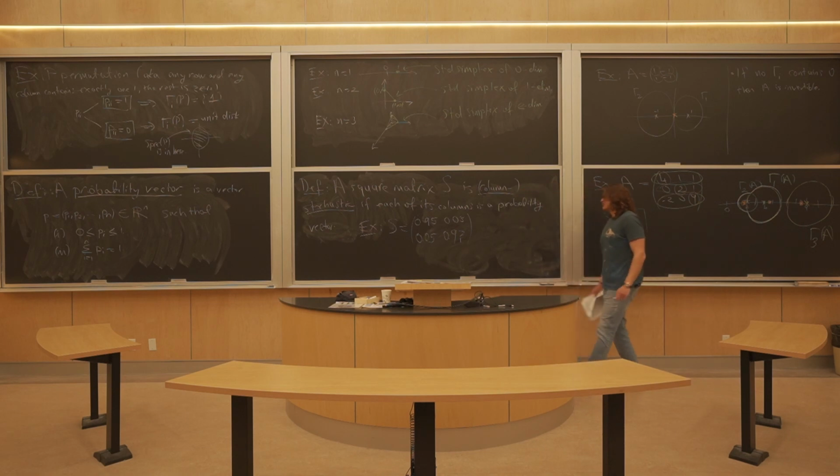As you see, both of its columns are probability vectors. So this is a stochastic or column stochastic matrix. Now, why would you want to think of this as something related to probability or something random? Because of this. You imagine 2 different states, and you're thinking of these numbers as transition probabilities.